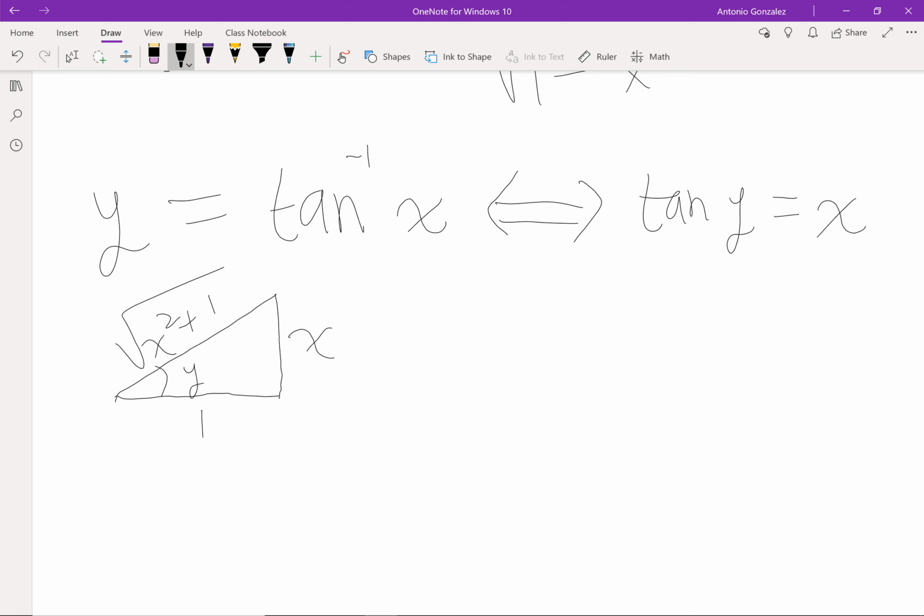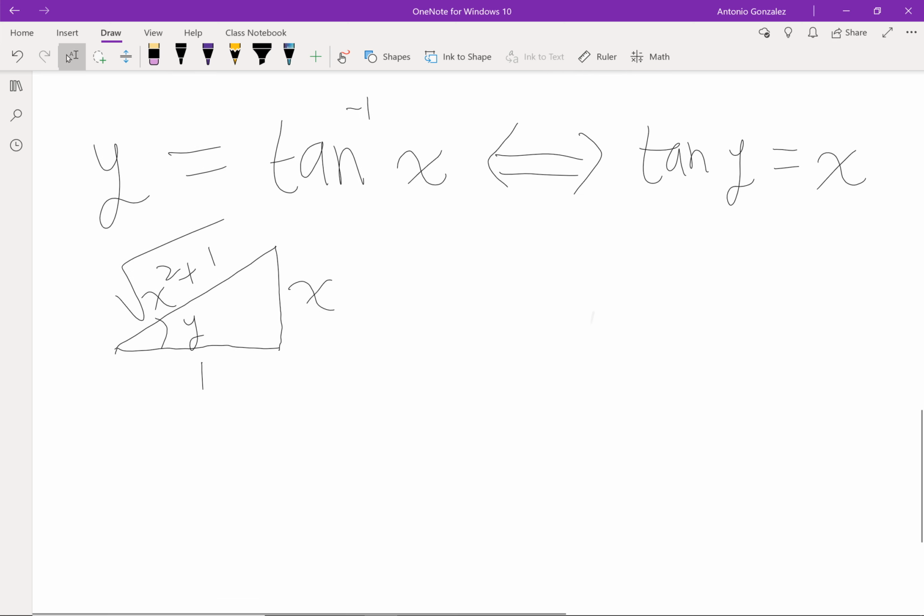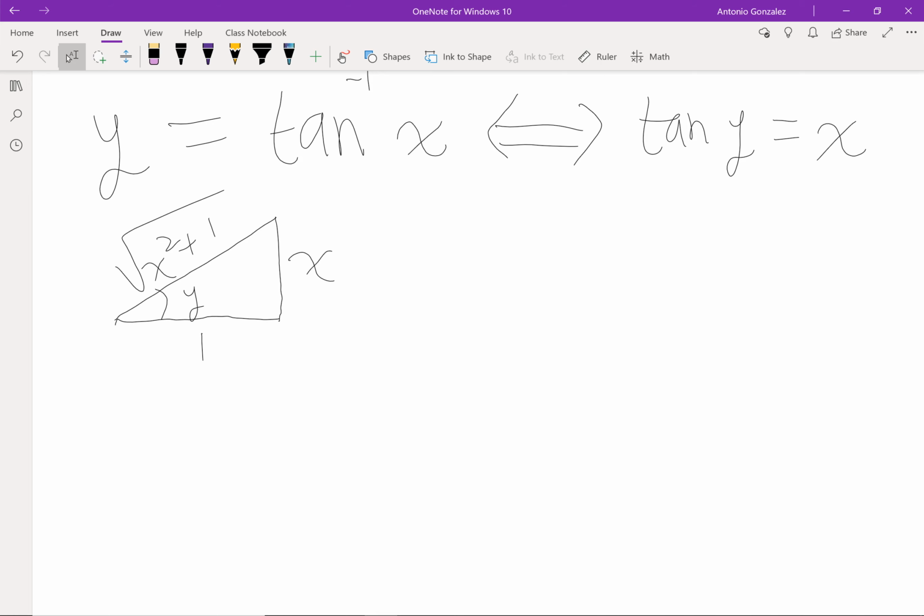Using the Pythagorean theorem, the hypotenuse is the square root of x squared plus 1. Now, I don't know the derivative of the inverse tangent, but I've definitely done something like finding the derivative of the tangent before. So take the derivative of both sides with respect to x.